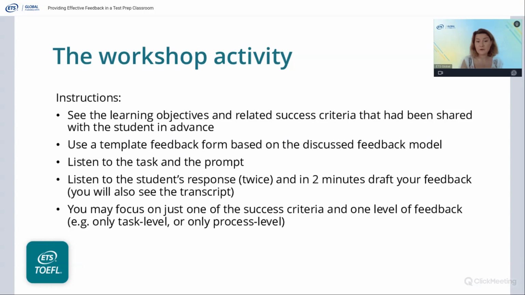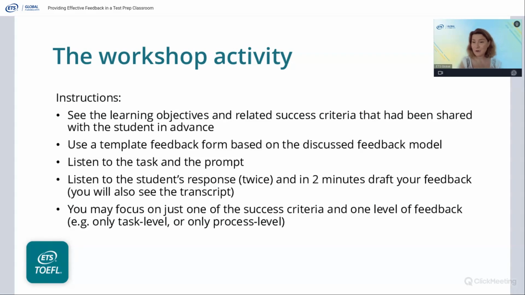We will first see the learning objectives and related success criteria that had been shared with the students in advance. So it's very important that the students understand where they are going and how we are going to measure if they are successful or not. We will use a template feedback form based on the discussed feedback model.